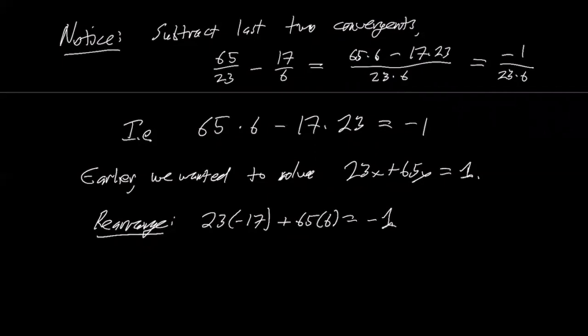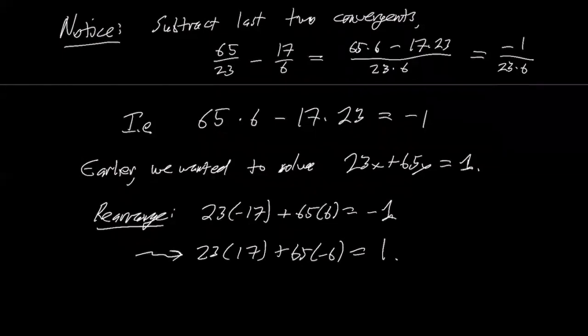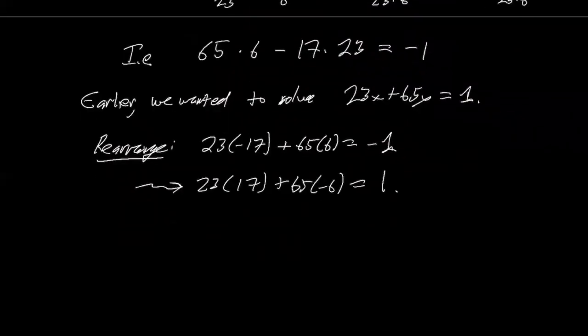And then I can just multiply through by -1 everywhere and get 23 times +17 plus 65 times -6 equals +1. And we've recovered our solution to that linear Diophantine equation.